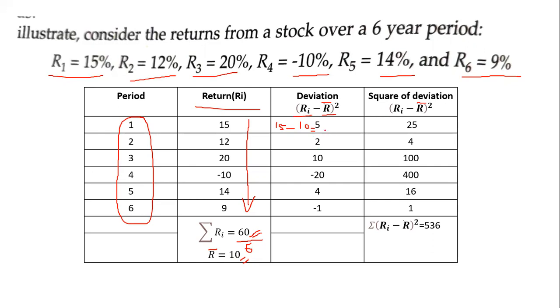If we do the same thing with all the periods, 12 minus 10, we will get 2, 20 minus 10, we will get 10, minus 10 minus 10, so we get minus 20. 14 minus 10, we get 4, and 9 minus 10, we get minus 1.